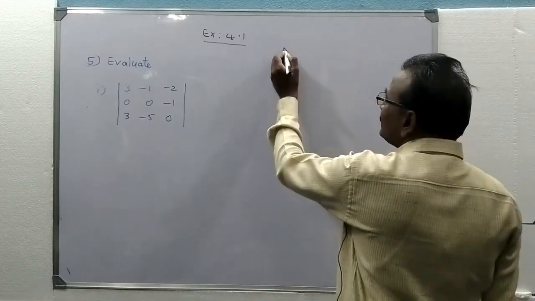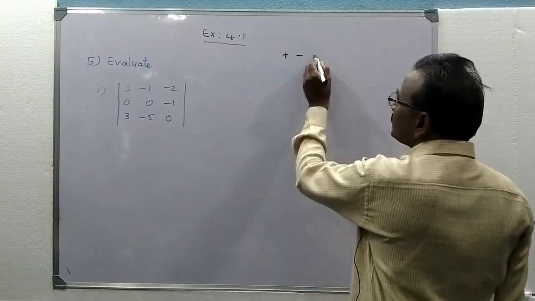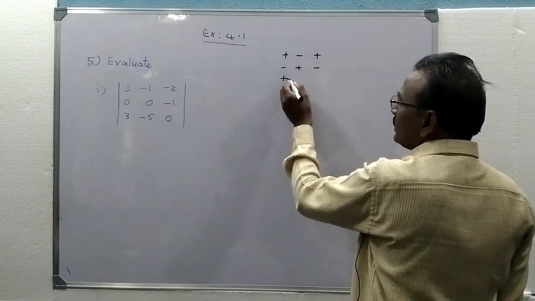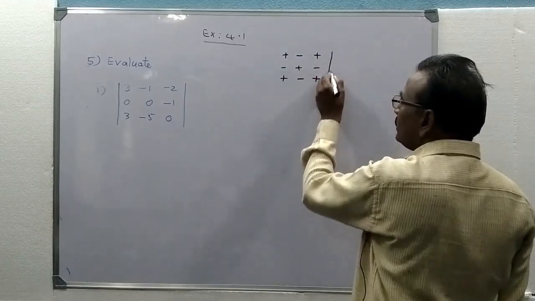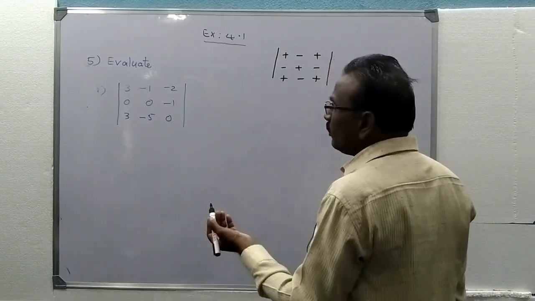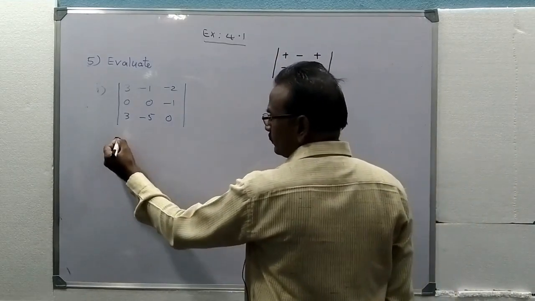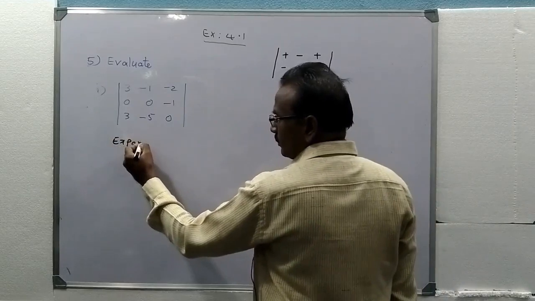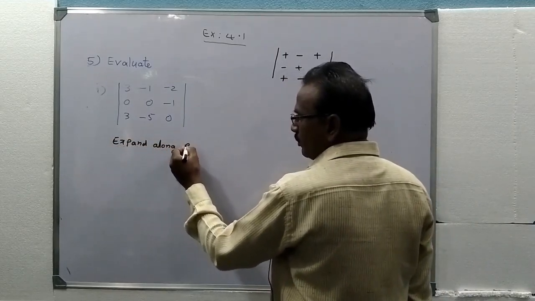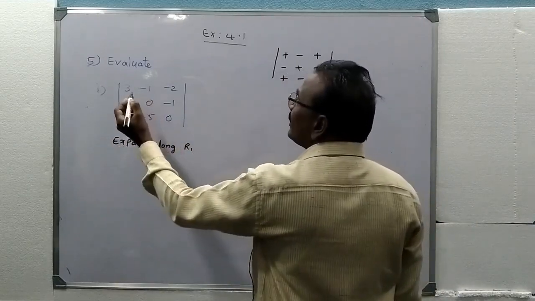So what are the signs? Plus, minus, plus, minus, plus, minus, plus, minus, plus. These are the signs associated with the third order determinant. So therefore, expand along R1. What are the signs?